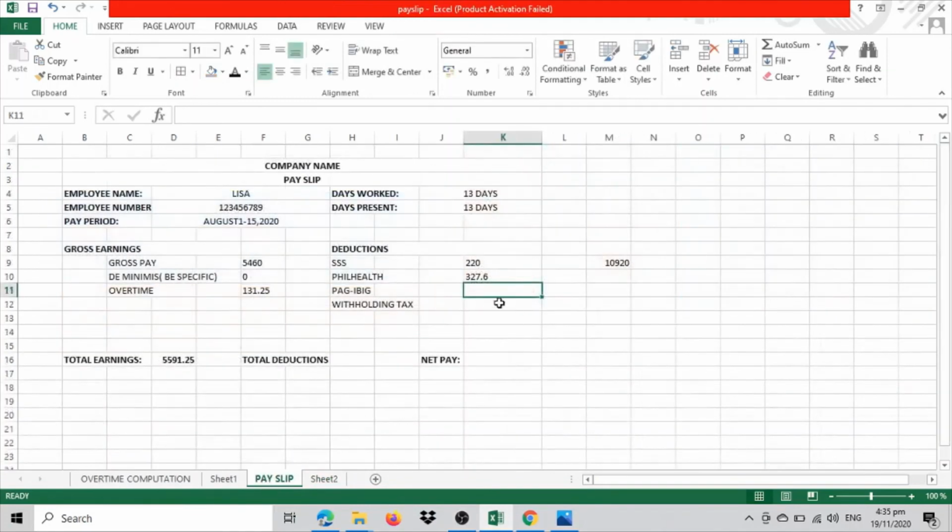Okay, 5,000 multiplied by 2% or 0.02 equals 100, divided by 2.